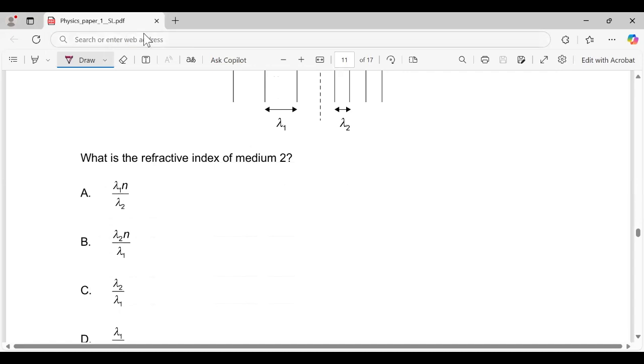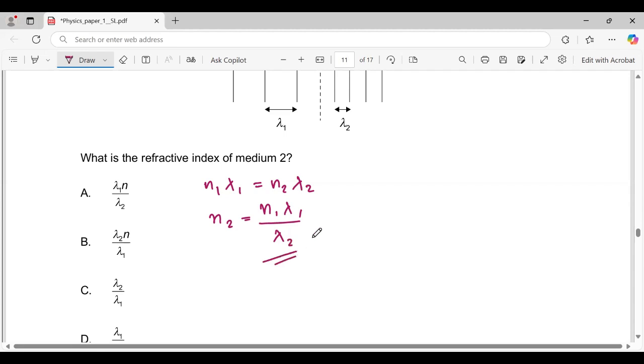I will use the relationship n1 times lambda 1 equals n2 times lambda 2. So n2, the refractive index of medium 2, equals n1 lambda 1 over lambda 2. This is the solution.